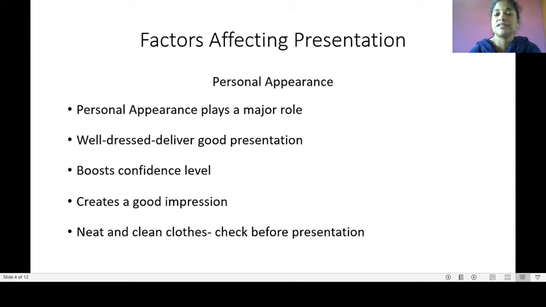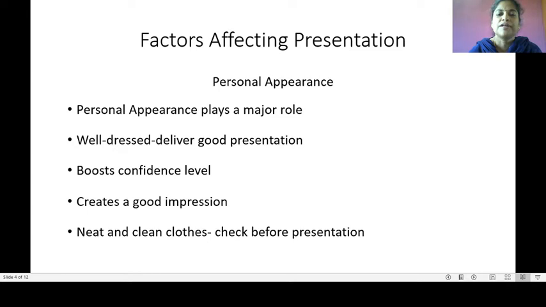It also creates a good impression on the presenter among the audience. Imagine before even he could talk, the first thing which people notice is his dress or her dress, right?